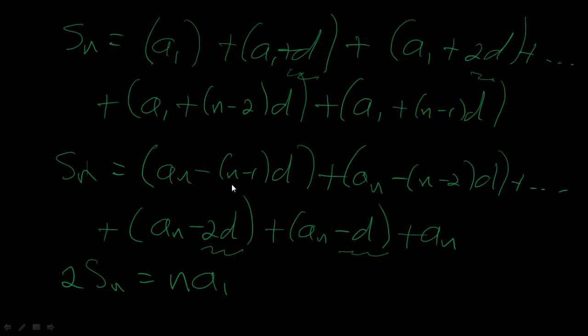We can also see from the second equation that AN is added to AN, is added to AN, so AN will be added together n times. So we find that 2Sn is equal to nA1 plus n times AN.